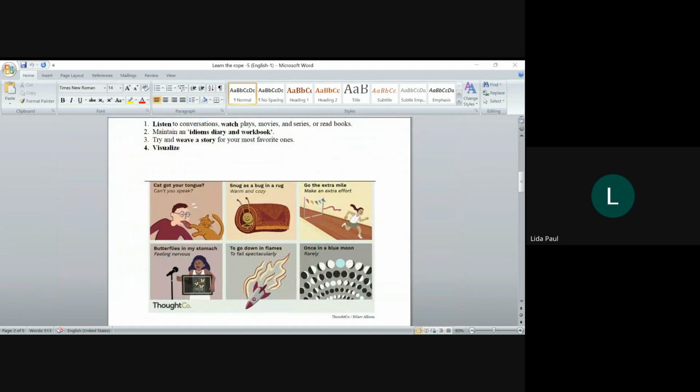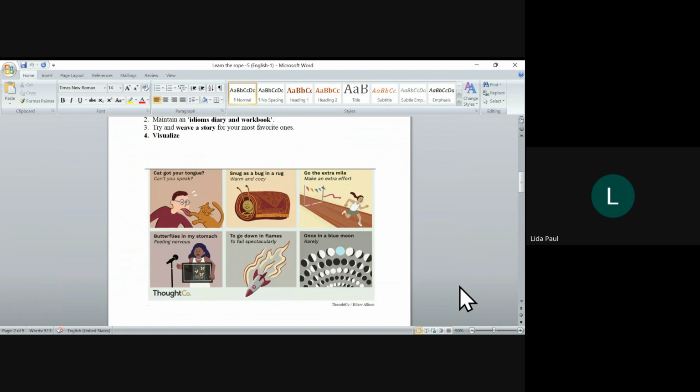You can still see the screen clearly, right? No problem with that, right? Prithvi, are you still able to see the screen properly? Yes, no?